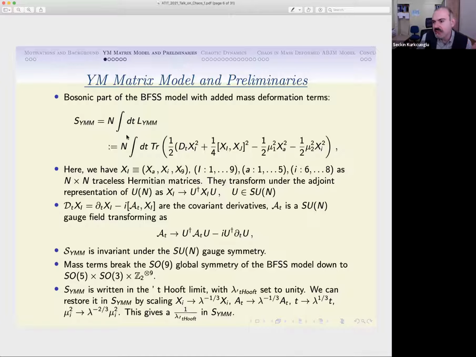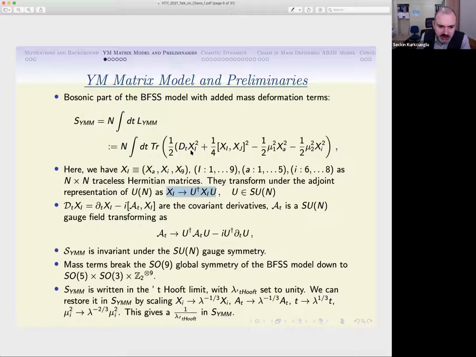And what else? The action has SU(N) gauge symmetry. That can be shown by making these gauge transformations. You take the gauge field with this gauge transformation, whereas you transform the matrices in the adjoint fashion in this way, and use the cyclicity of the trace, and you'll find that this action is gauge invariant.